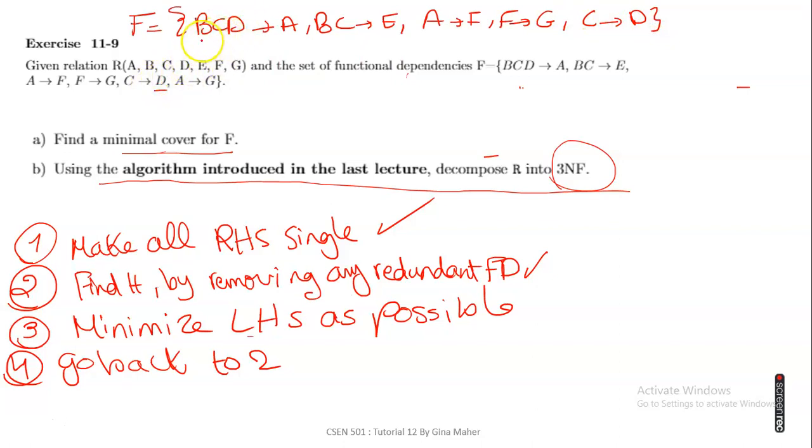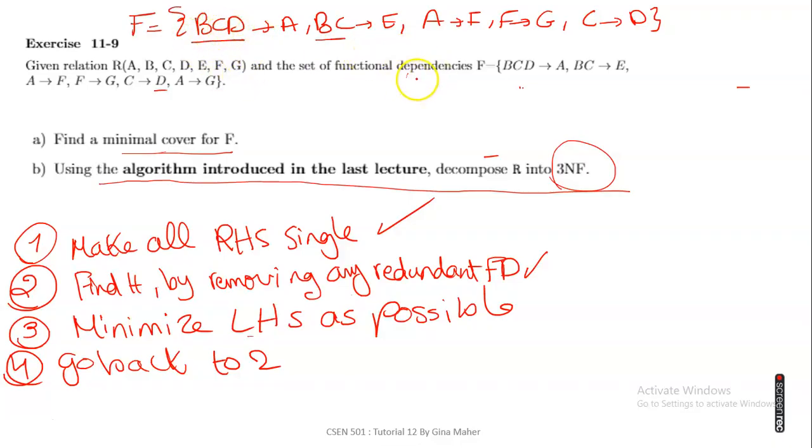We have BCD together and BC. The other are single attributes, so nothing can be changed here. Okay, we want to check what if we minimize this. Are we going to get the same dependency or not? In order to do so, let's check what are the cases in which this one can be minimized.